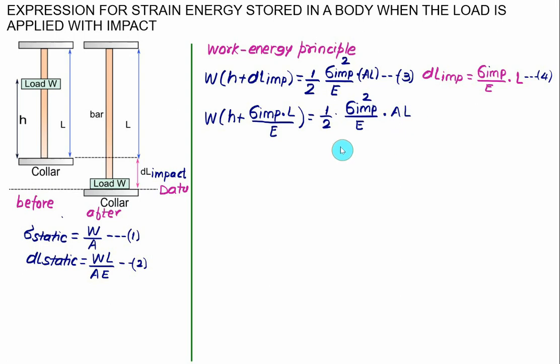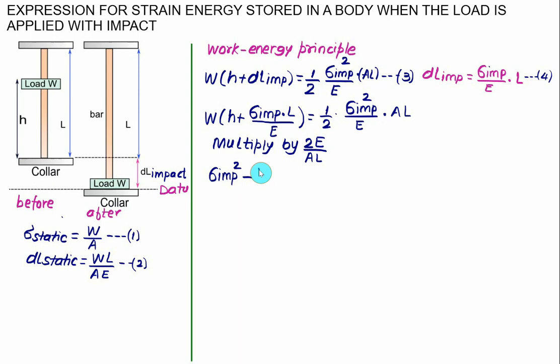We are interested here to know the value of impact stress. So we'll make a quadratic equation. Multiply this equation throughout by 2 times E by AL. On the right hand side we are left with impact stress square. And the other term will shift to the left, so it becomes negative.